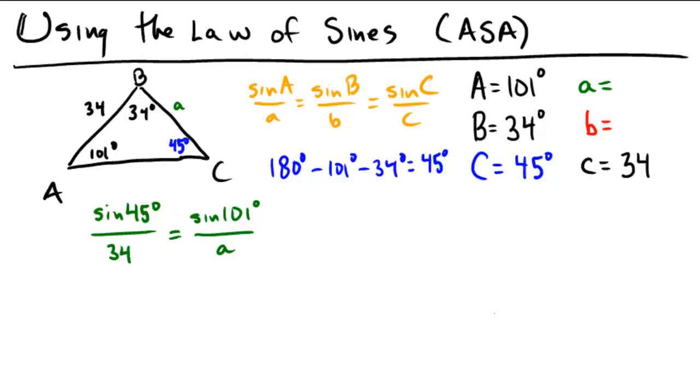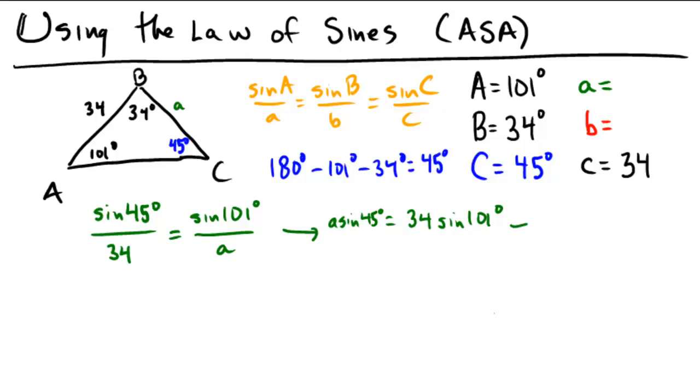So this is a nice setup because now we can isolate the A quite easily. I'm going to multiply the A over to the left and multiply the 34 over to this side. So 34 sine 101 degrees equals A sine 45 degrees.